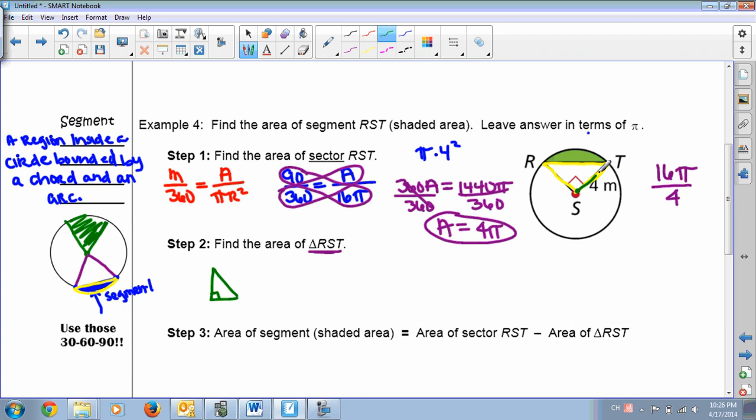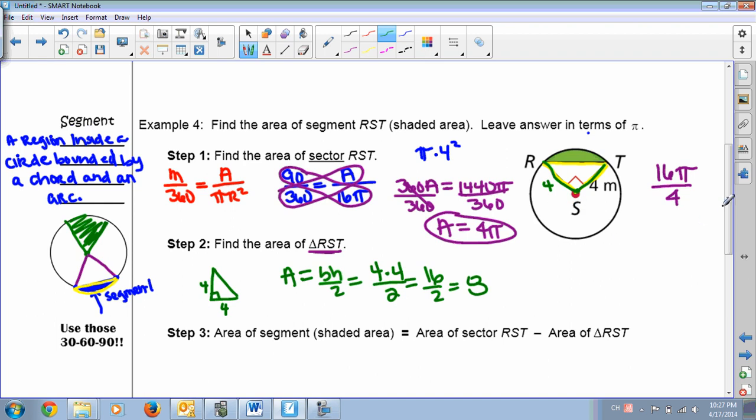That's one of the radii, which is 4. And guess what? ST is also a radius, so that is also 4. So we have a base and a height of 4. To find the area of a triangle, it's just base times height divided by 2. So the base of the triangle is 4. The height of the triangle is 4. 4 times 4 is 16. Divided by 2 is 8. So the area of the triangle is 8.